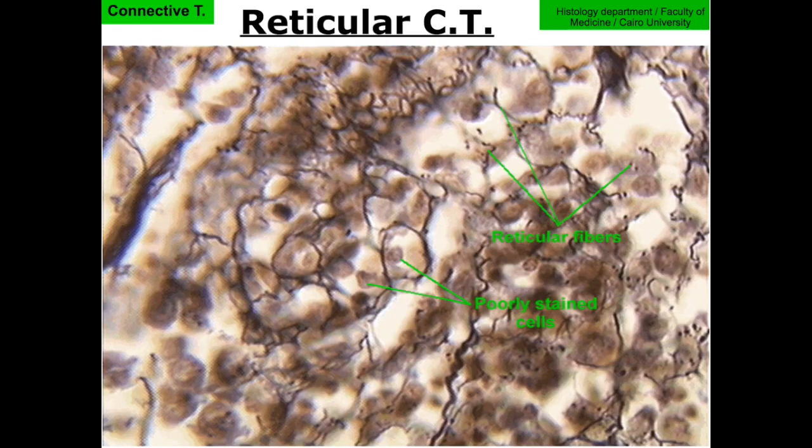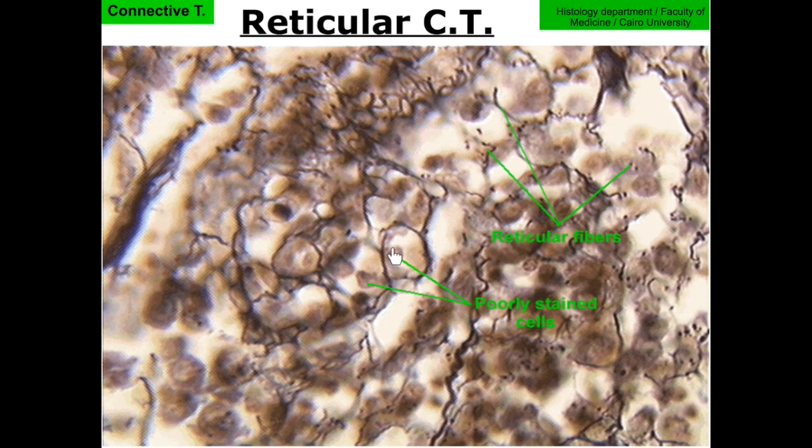This is another type of the connective tissue proper, which is the reticular connective tissue. It's a very delicate type, and it is formed of the reticular cells, which are poorly stained here by silver, and the reticular fibers, which are evidently stained by silver with a black color.